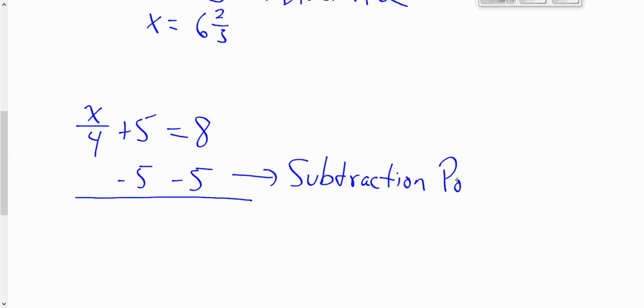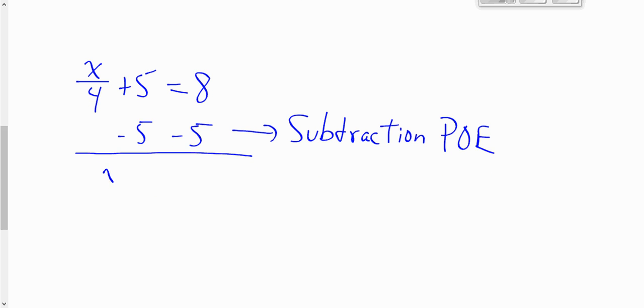Let me just actually write that. All right. So that leaves us then with x over 4 equals 3. So here we would multiply both sides by 4, right?